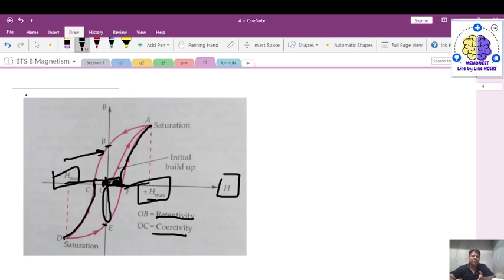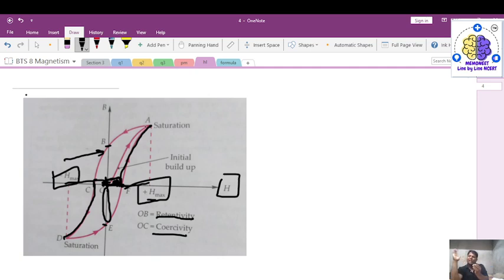So what we understand from here is that suppose I'm applying an external magnetic field from left to right, and I'm gradually increasing its intensity to a maximum extent. The substance kept in the magnetic field will get magnetized, and we assume this side gets the south pole and this side gets the north pole.